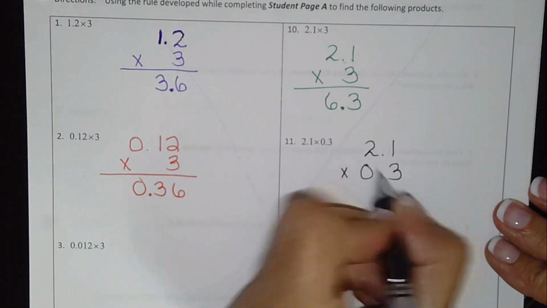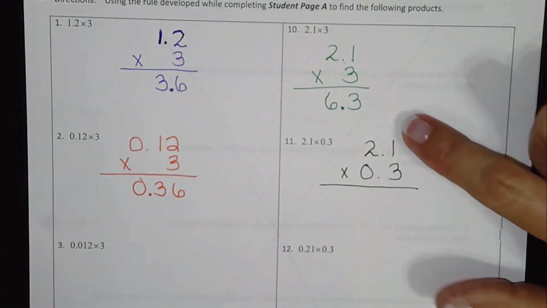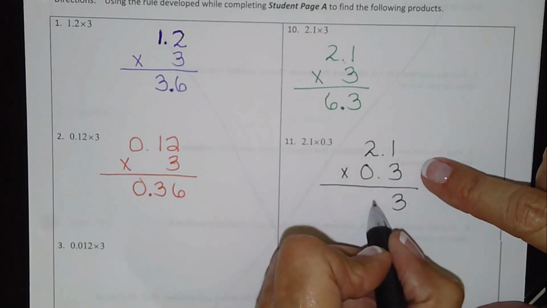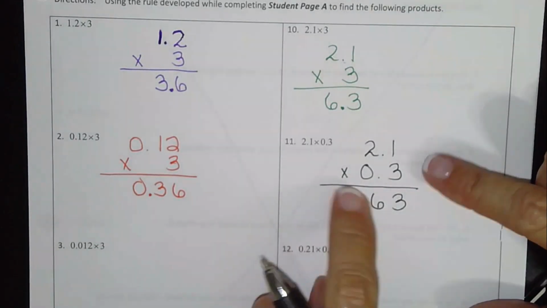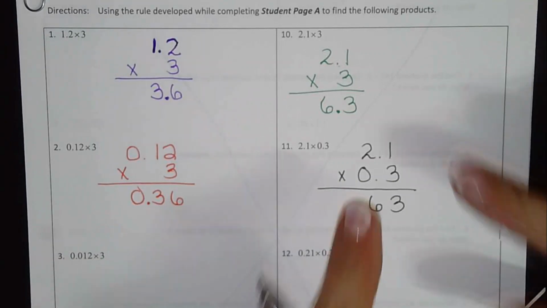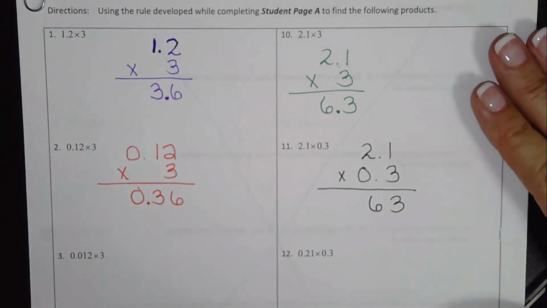So 2.1 times 0.3. 1 times 3 is 3. 2 times 3 is 6. And remember, I don't have to do the next line if I don't want. If you did, it's fine. If you don't, it's fine too.